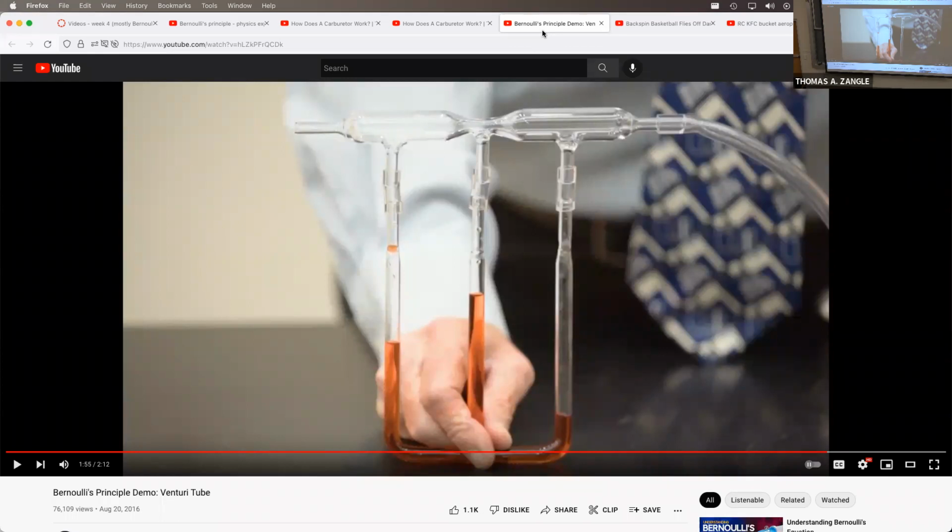So this head loss, the frictional loss, is going to be balanced out by a loss of pressure. This is going to be a common feature of pipe flow. When we're talking about flow within a pipe, we're going to have substantial frictional losses within that pipe.